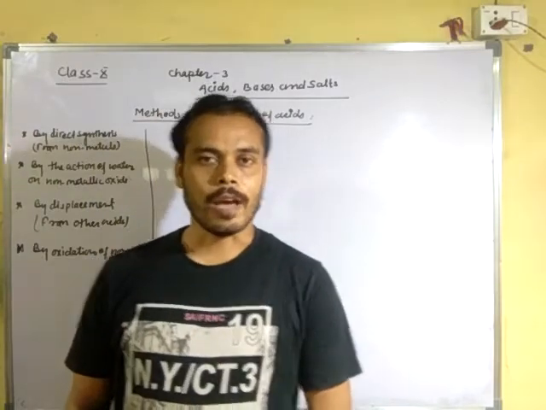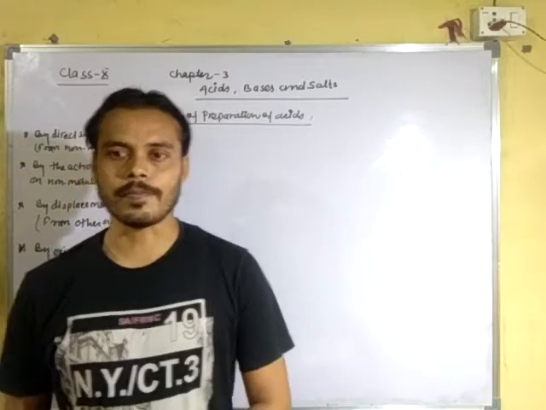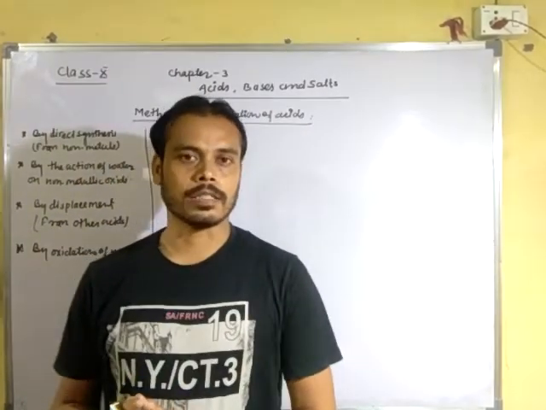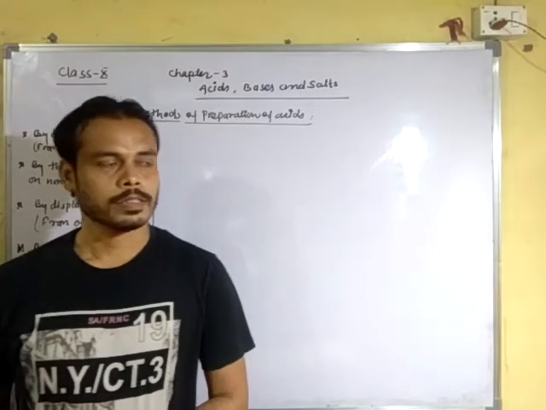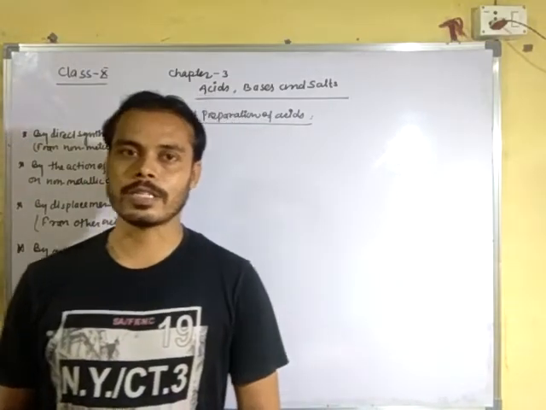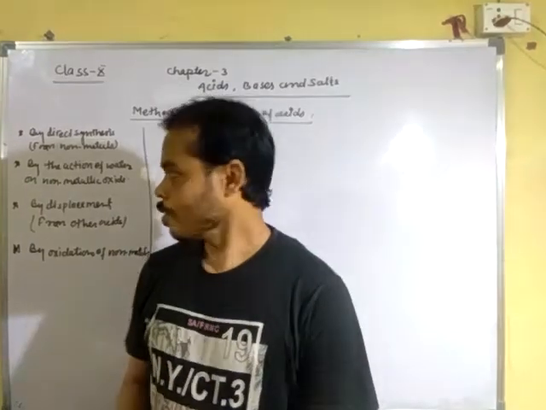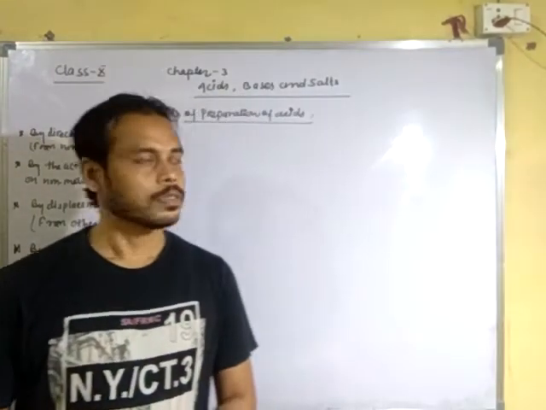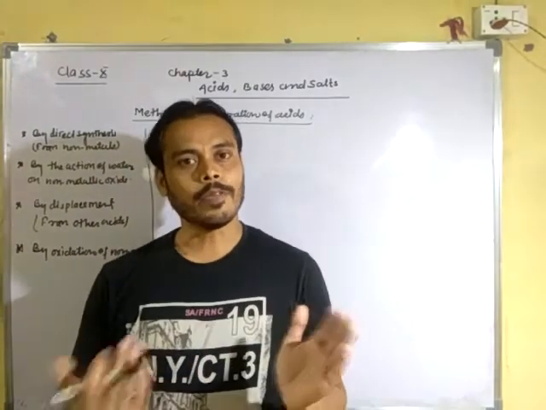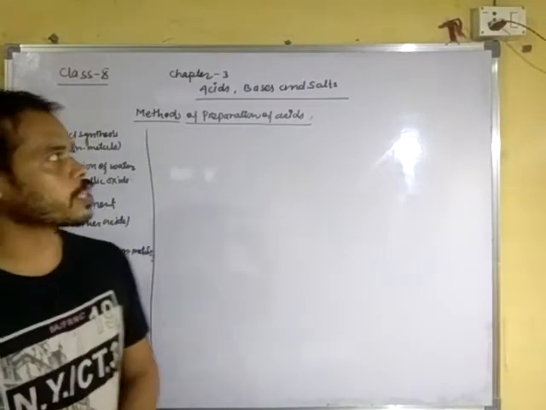In the last video we discussed acids and the Arrhenius concept of acid, and we classified acids according to source of origin, according to strength, according to concentration, etc. Now, a very important topic we are going to study today: how will we prepare acid, and what is the general method of preparation of acid?